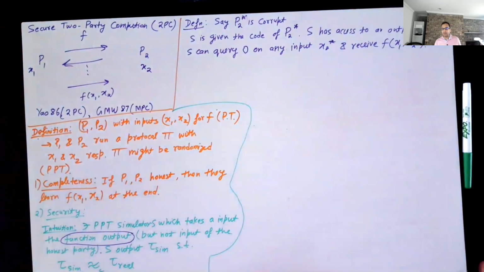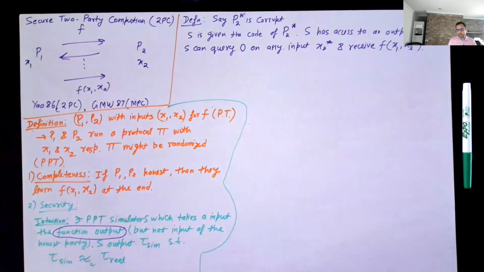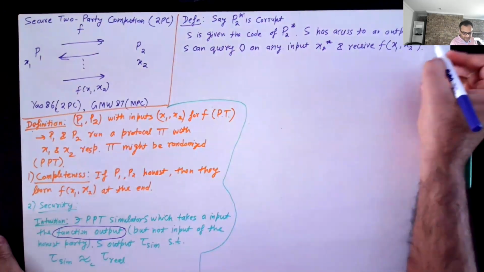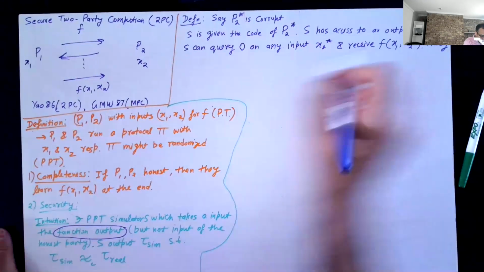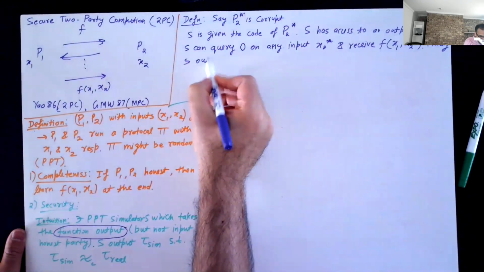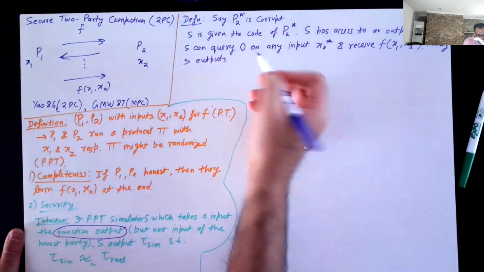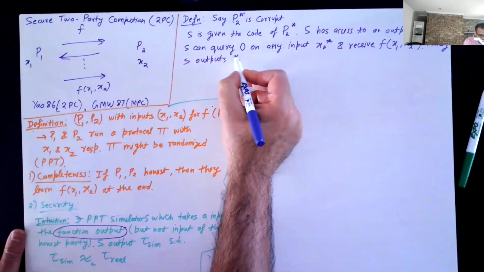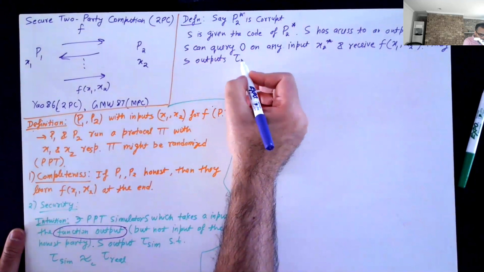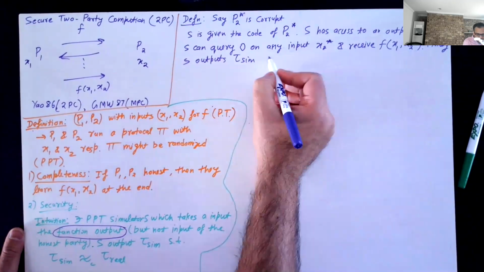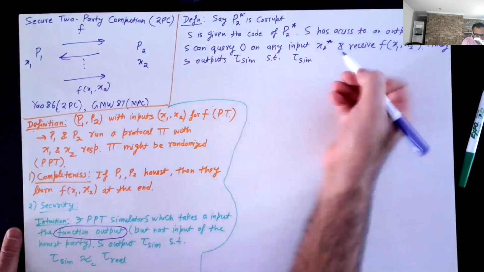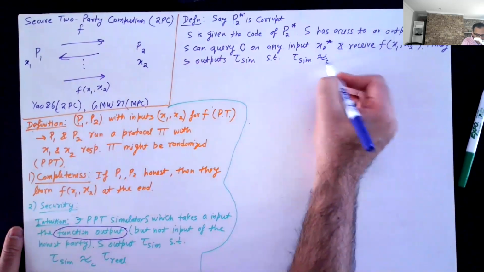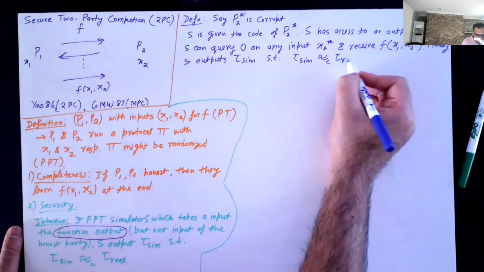Okay. So output oracle already has the input of the honest party x1. And then finally S outputs some transcript tau, let's say sim, such that tau sim is computationally indistinguishable from tau real.